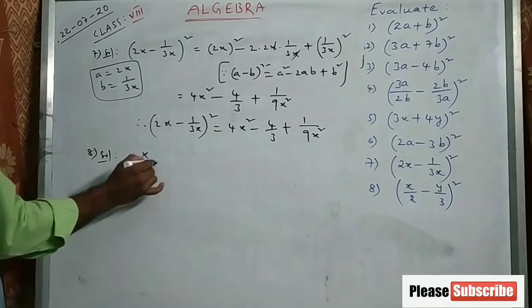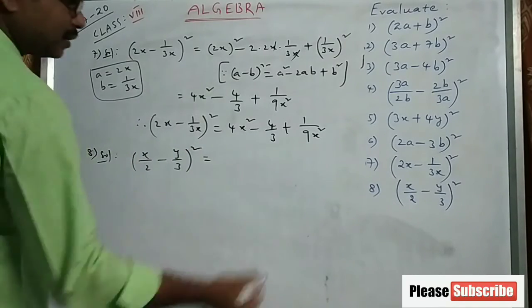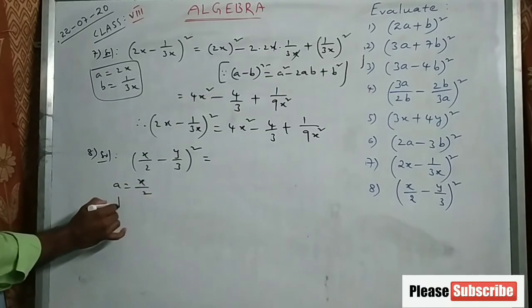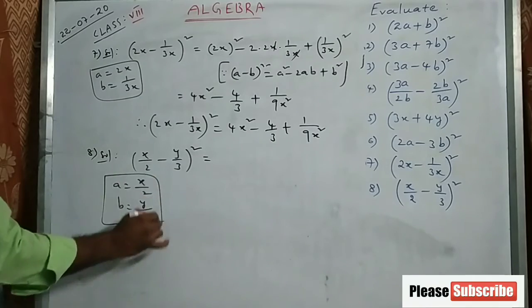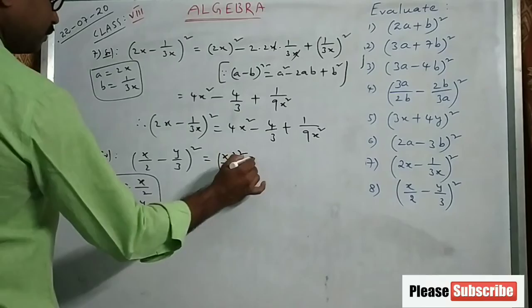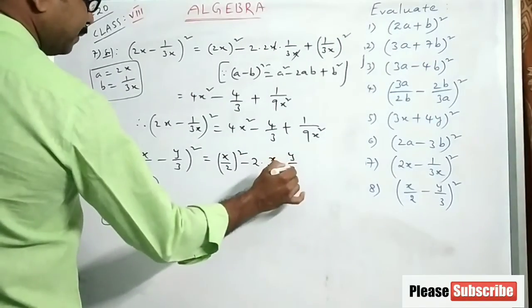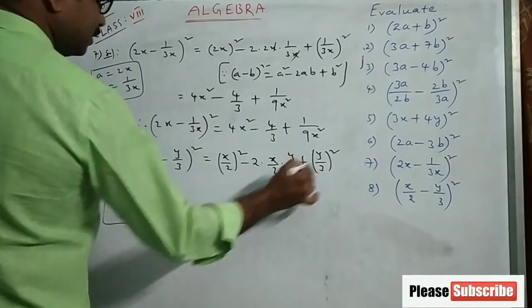x by 2 minus y by 3 whole square. It looks like a minus b whole square, where a value x by 2 and b value y by 3. So a square, x by 2 whole square, 2ab, x by 2 y by 3, plus b square, y by 3 whole square.